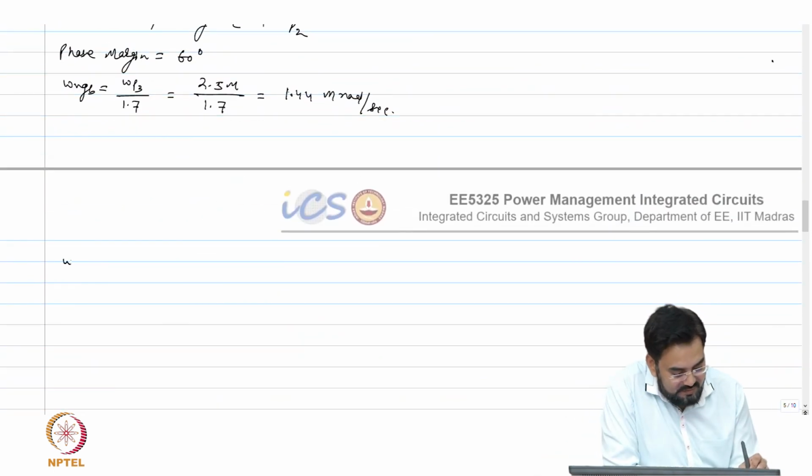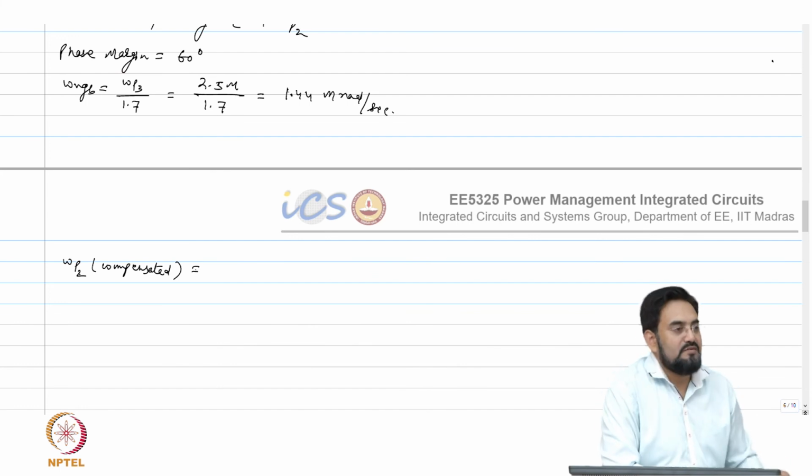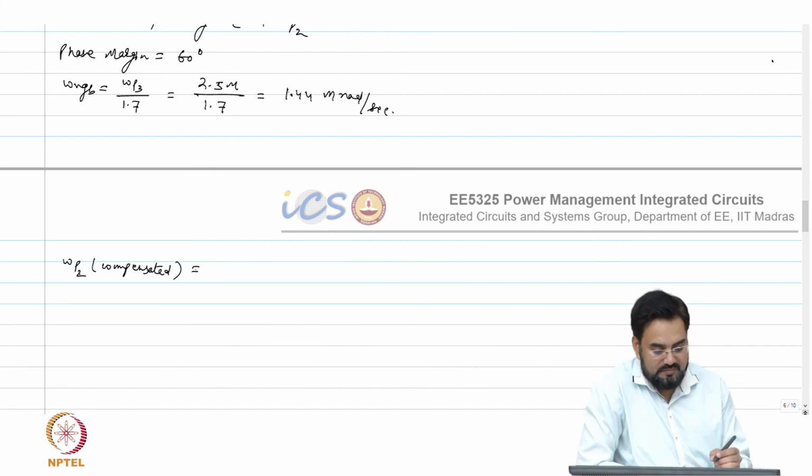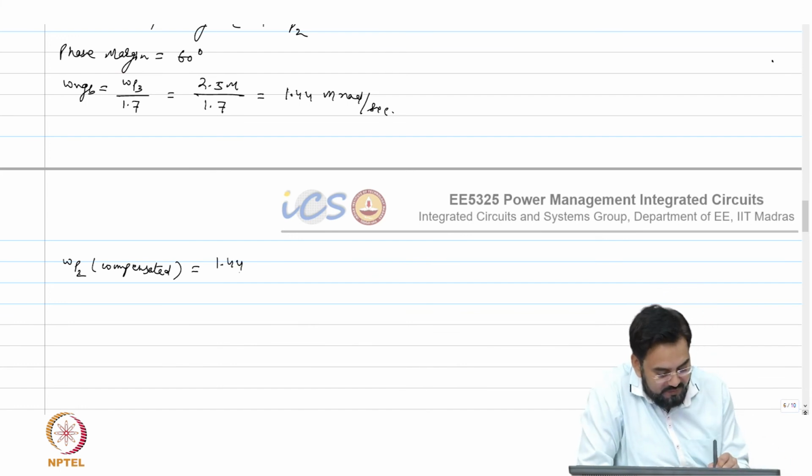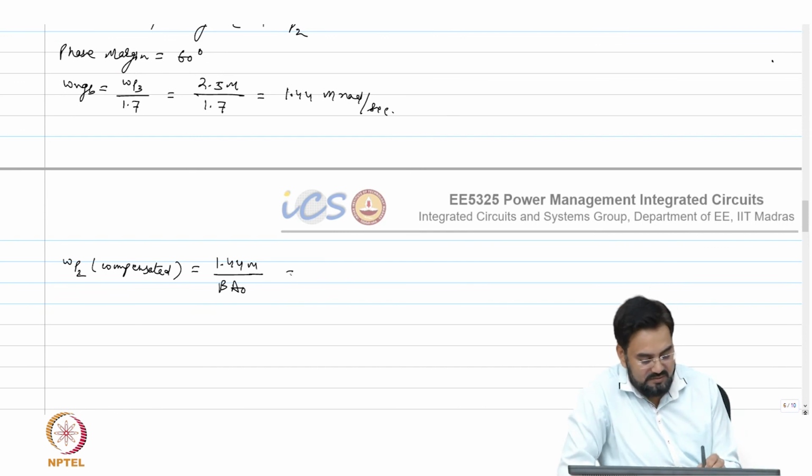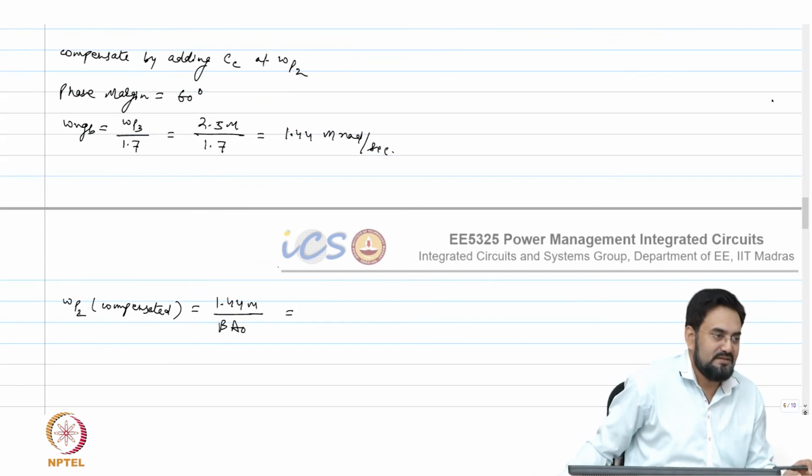Then omega P2 compensated, what should this be? Omega UGB by DC gain. Okay, 1.44 mega over DC gain. Our DC gain is beta A naught, which is roughly 70 dB.